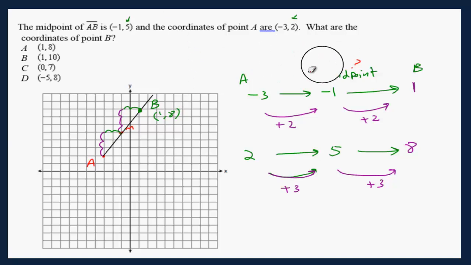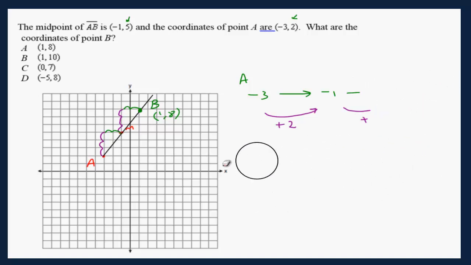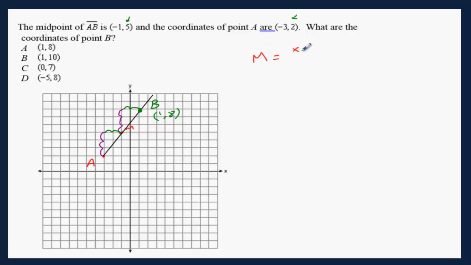You might do this algebraically. Maybe your teacher explained that to you in the classroom. Algebraically, we know the midpoint x equals x1 plus x2 over 2. This is the x-axis. X is the midpoint, x1 is the x-coordinate of one endpoint, and x2 is the other endpoint.